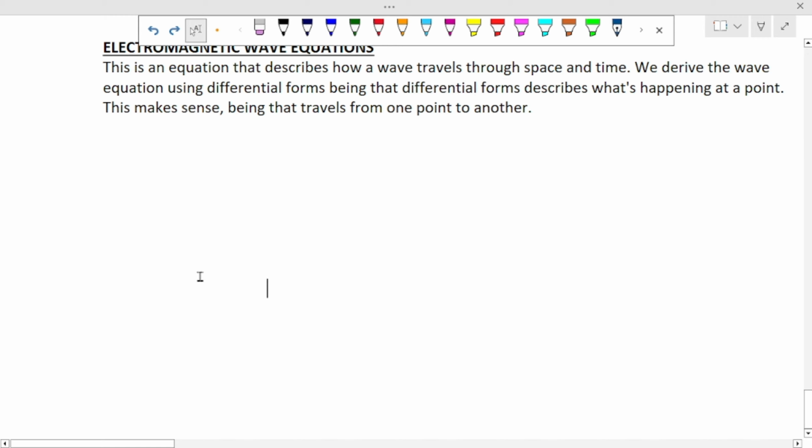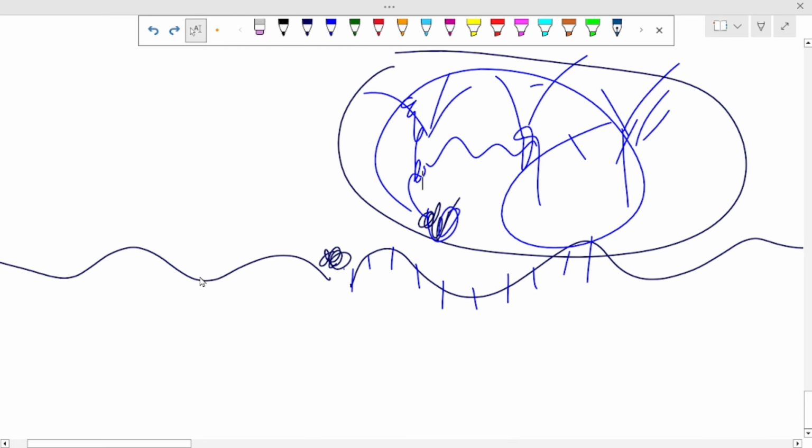But in order to know how this wave truly behaves, we need to remove everything and see the true nature of the wave, the true nature of how wave is being propagated.